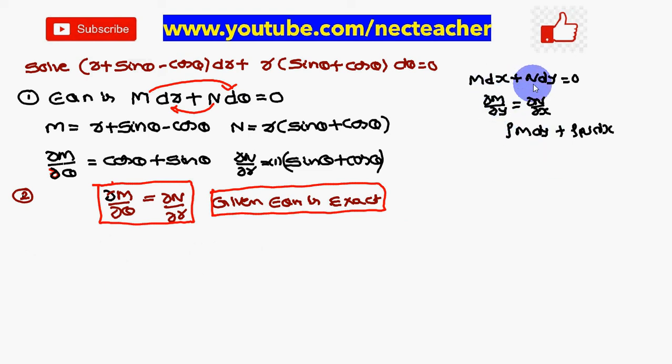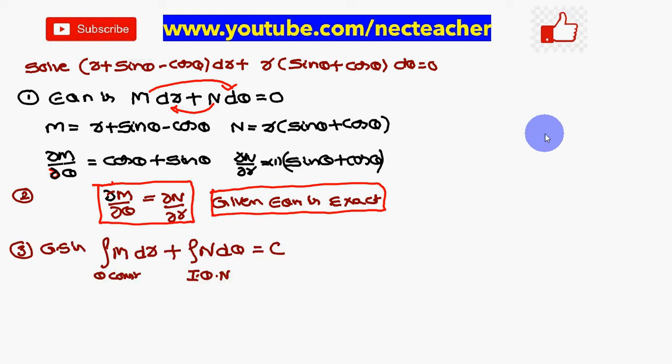If it is M dx + N dy = 0, let us consider the integral of M dx, treating y as constant. Here r is there, therefore treating θ as constant.